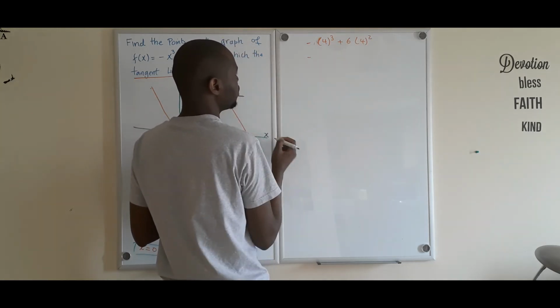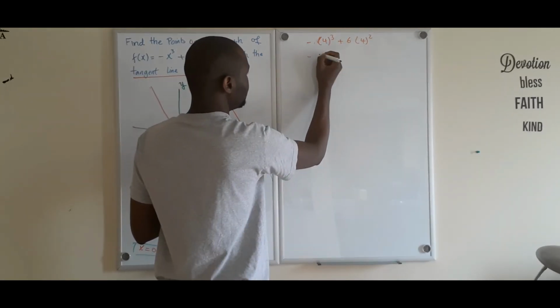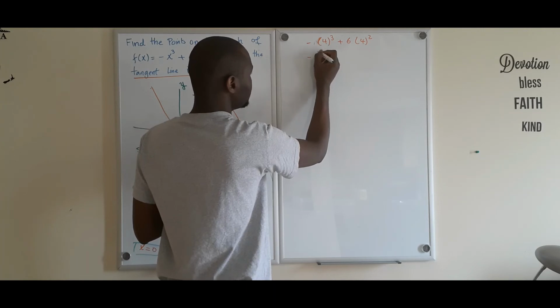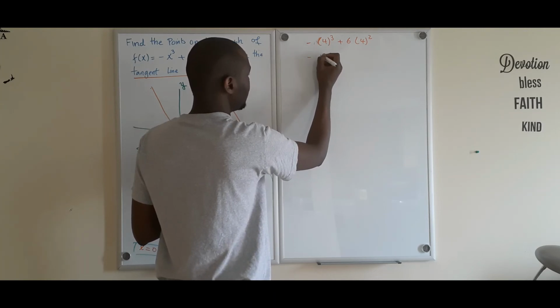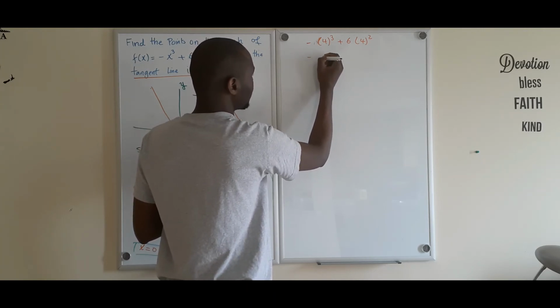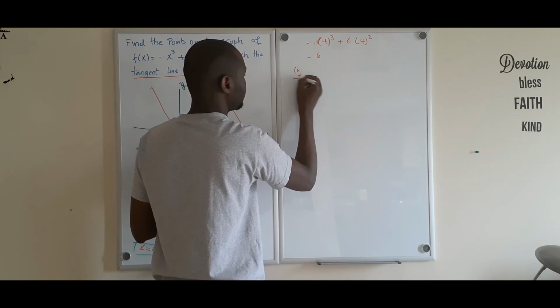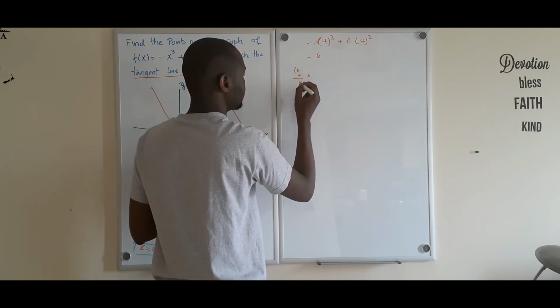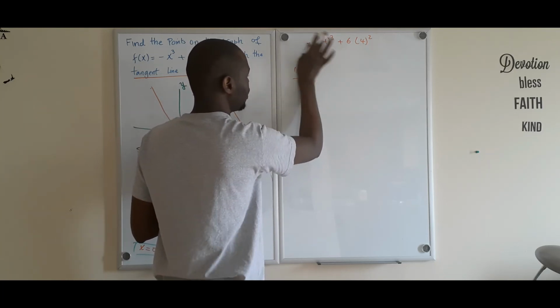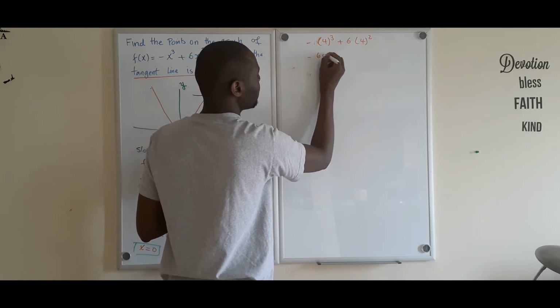Minus 4 cubed is minus 16 times 4, which is minus 64.